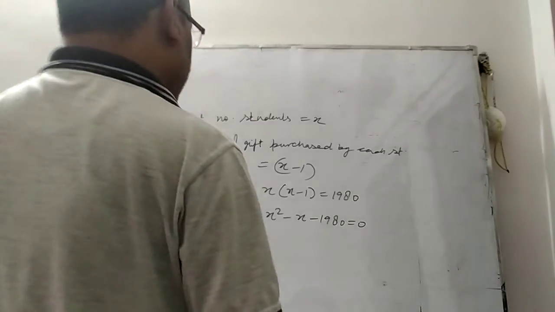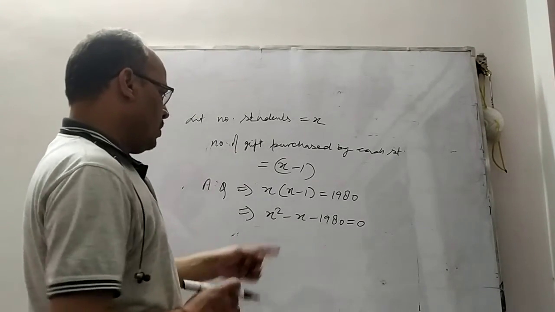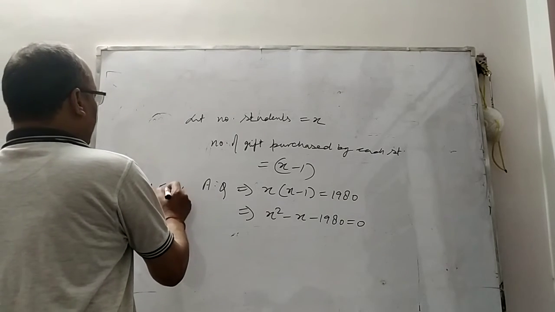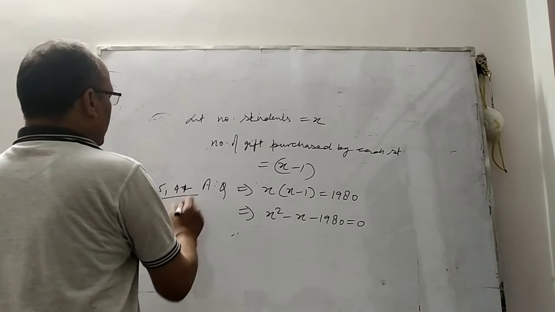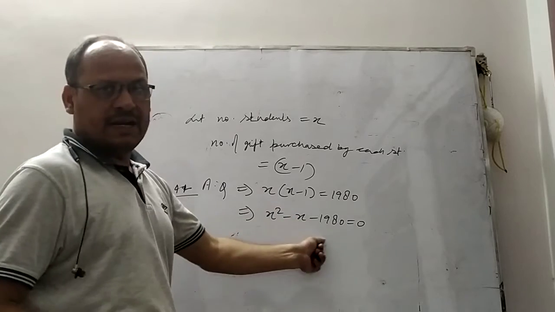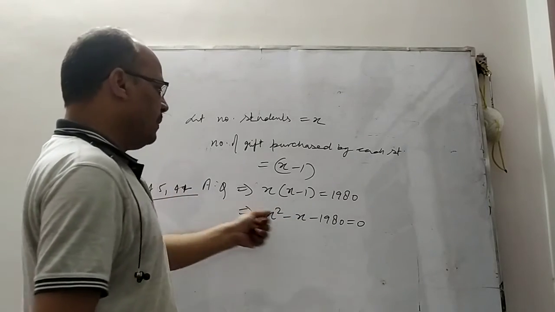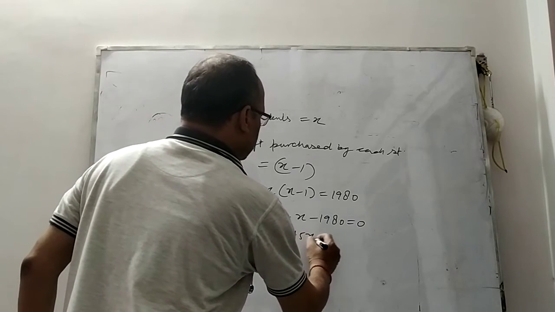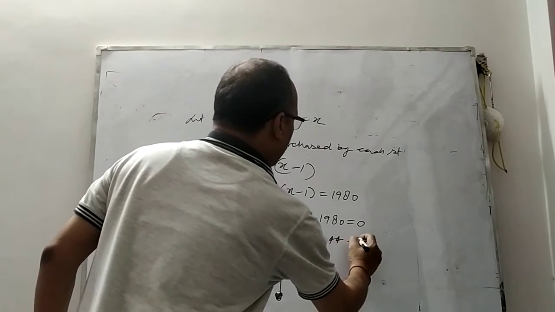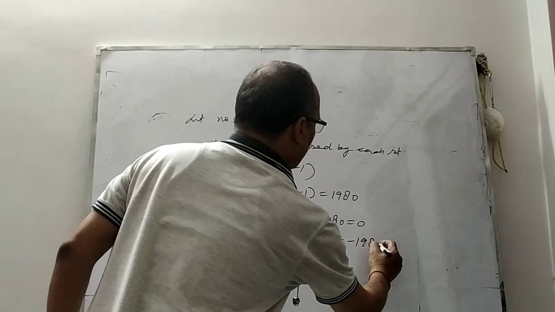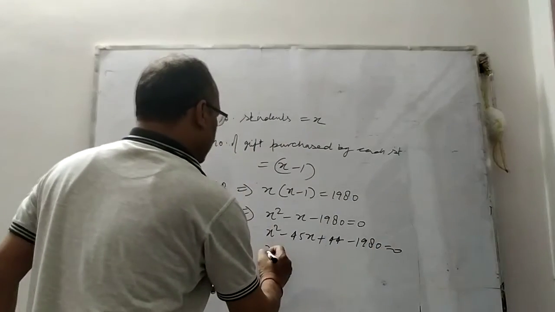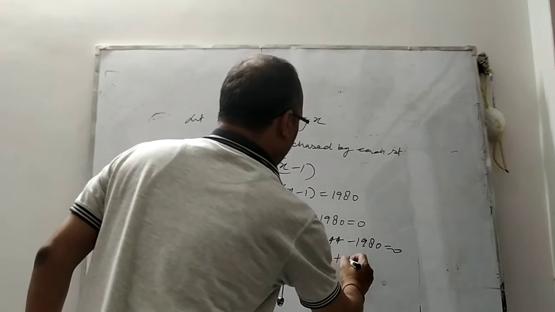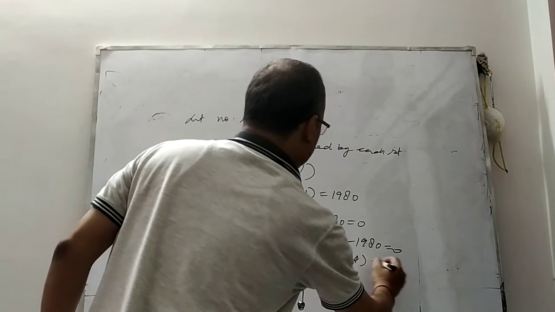Okay, we'll factorize. So it will be 45 and 44. If you multiply, you will get 1980 and the difference will be 1. x square minus 45x plus 44x minus 1980 equal to 0. Then you will get x minus 45 or x plus 44 equal to 0.